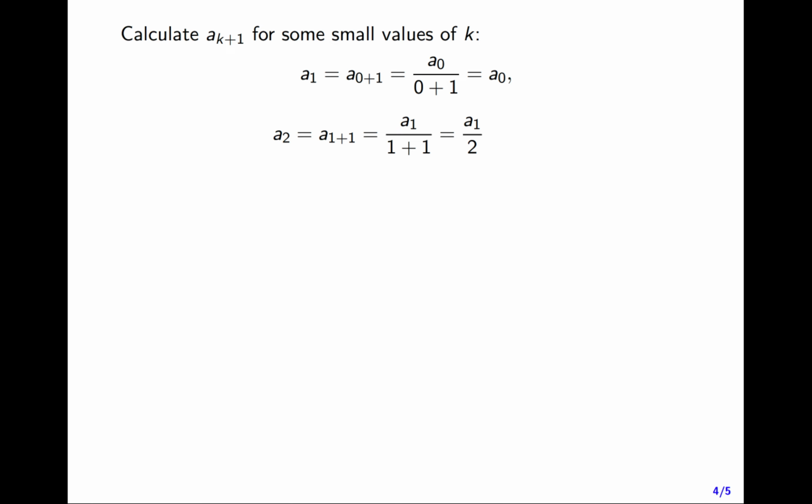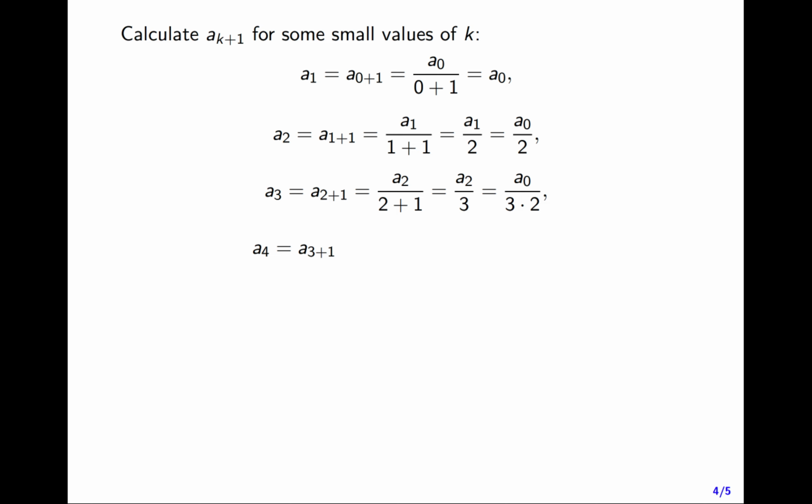And now I use my formula for a1, that's a0 over 2. Keep going, a3 is a_{2+1}, which will be a2 over 2 plus 1, which will be a2 over 3, which is a0 over 3 times 2, using my formula for a2.